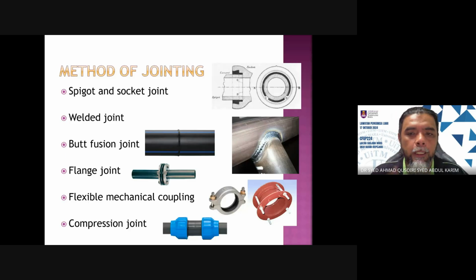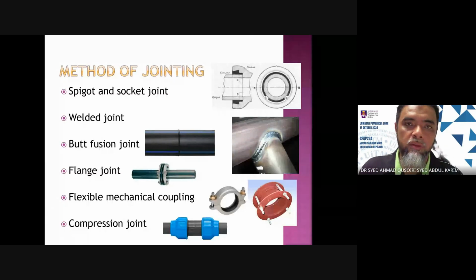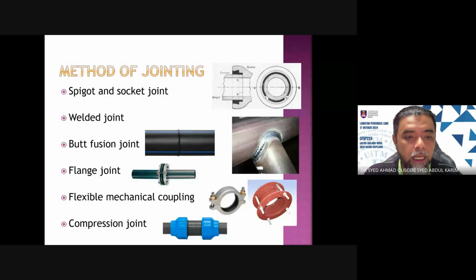But for iron pipes we can also use the welded joint, okay, for iron pipes and stainless steel. Butt fusion joint is for HDPE pipes and UPVC pipes. This is where the ends of the pipes are melted and joined together. But they have a special machine to do this kind of thing. You cannot just use a naked flame. There is a special tool for it. And then flange joint.